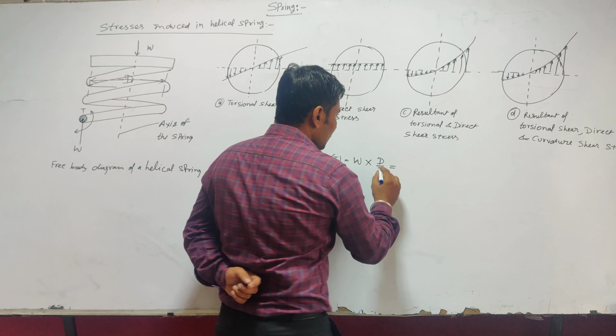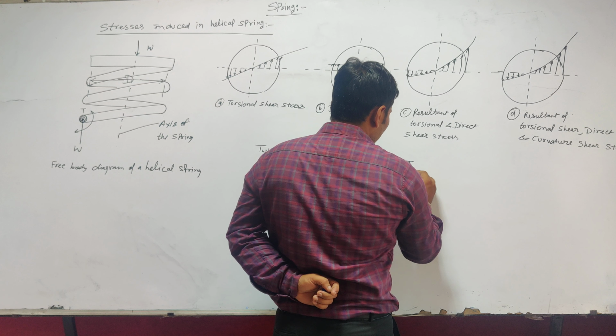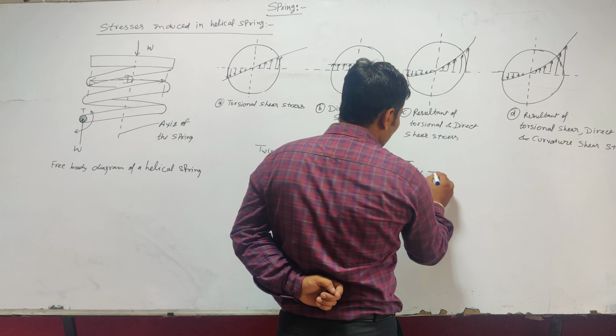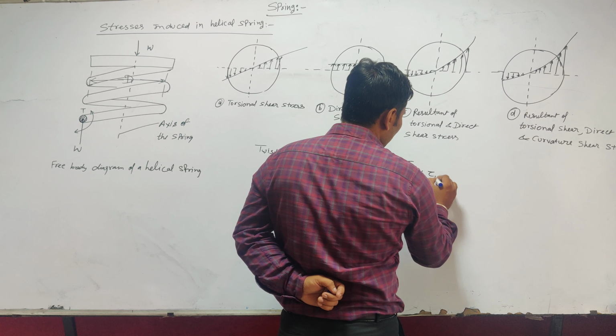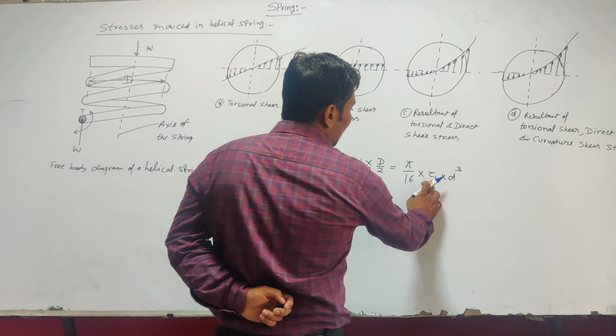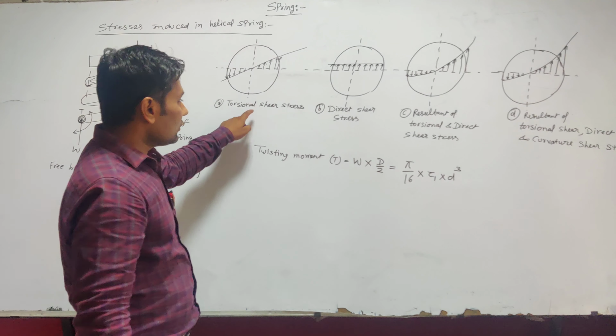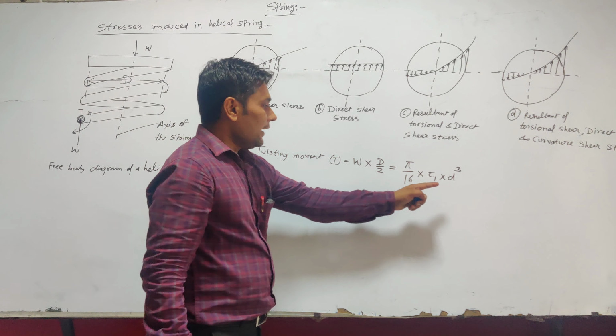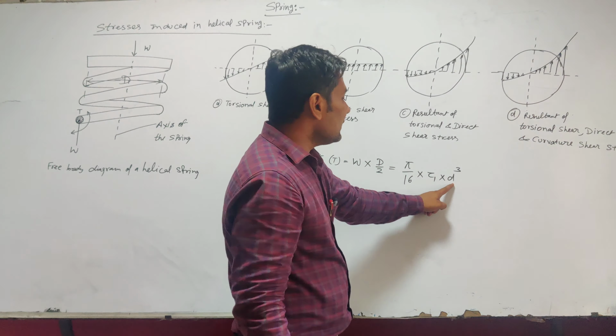This is equal to pi upon 16 into tau 1 d cube. Tau 1 is the torsional shear stress and d is the spring wire diameter.